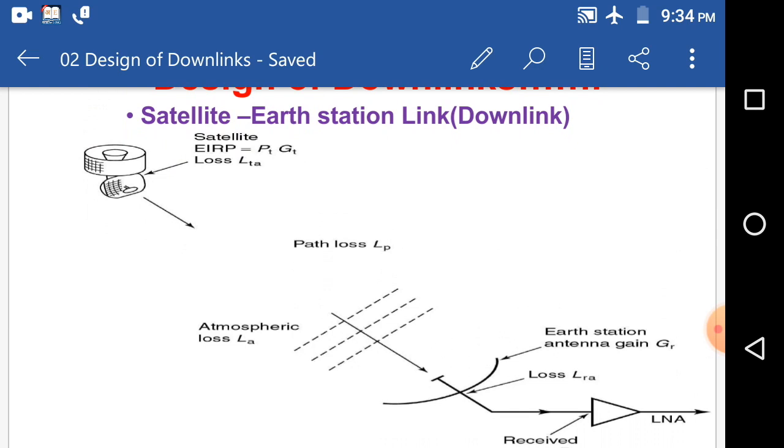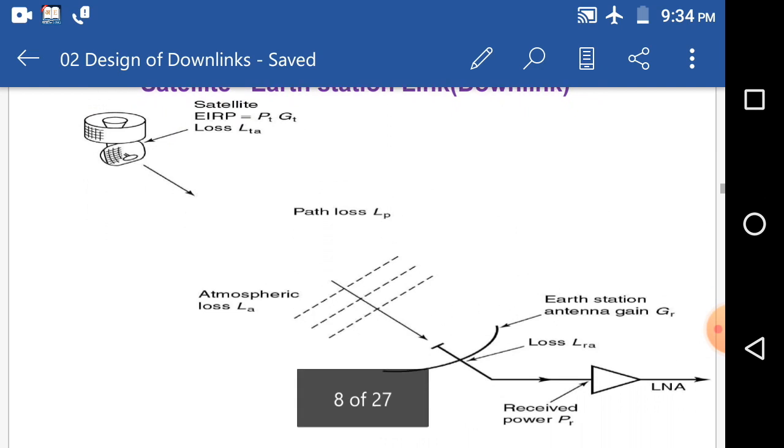Here, the satellite antenna transmits the electromagnetic signal towards the receiver side. So here, the satellite acts as a transmitter and the base station acts as a receiver. The satellite antenna is a directional antenna. It radiates its power towards the receiver side.